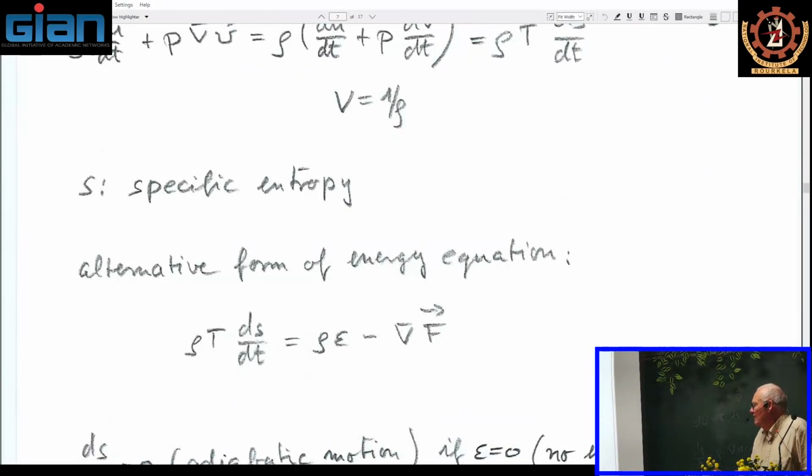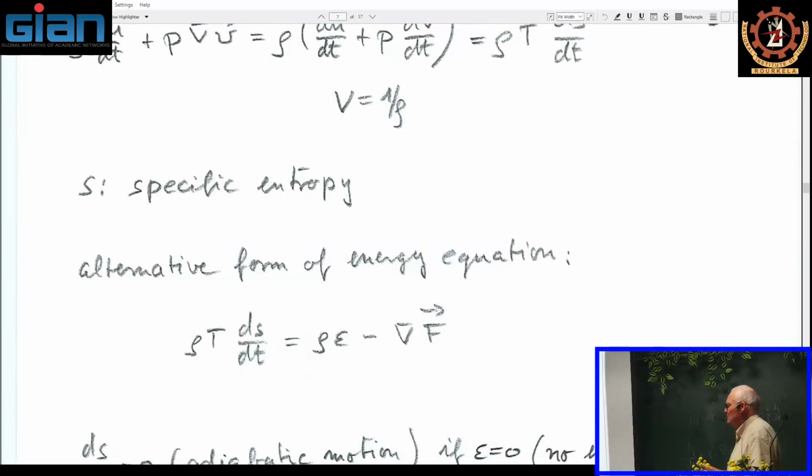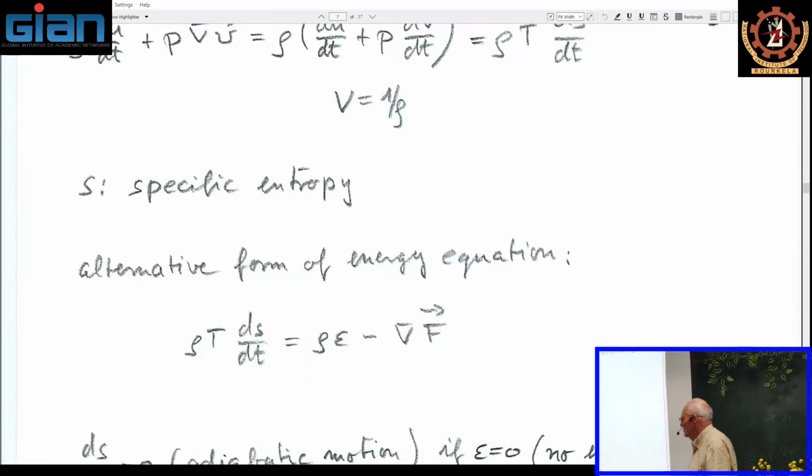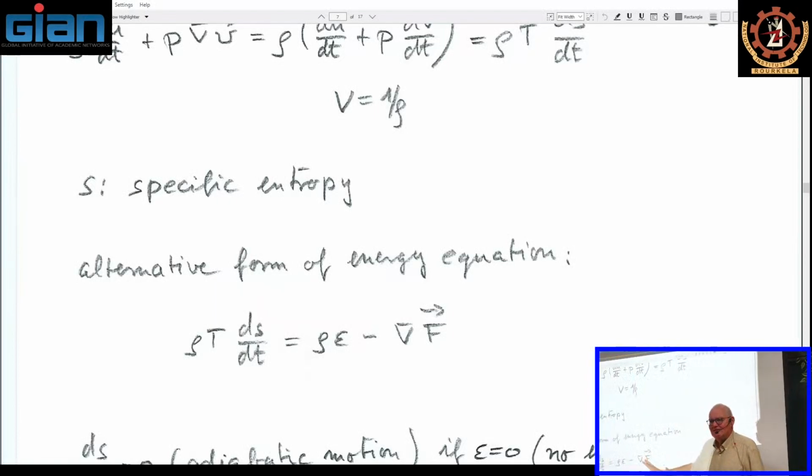Okay, so we have an alternative form of the energy equation. Some people use the upper form, some people use the bottom form, but this is quite nice and short.